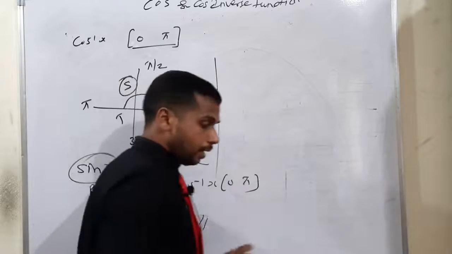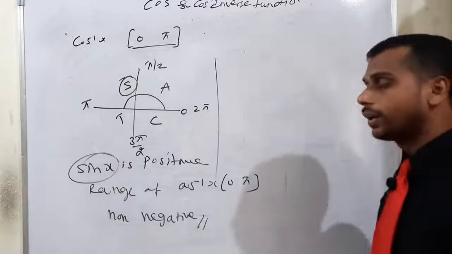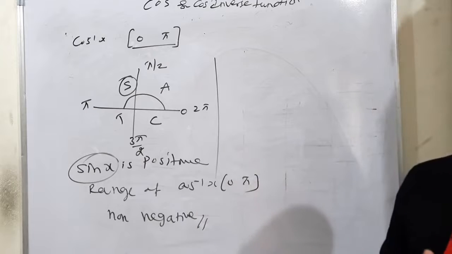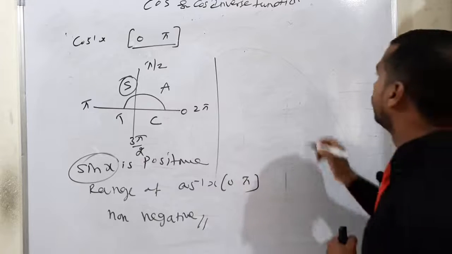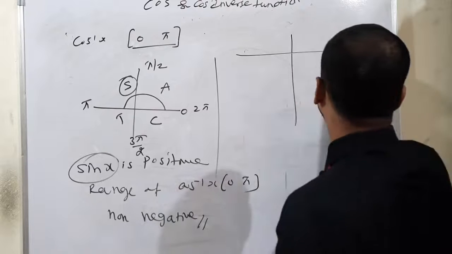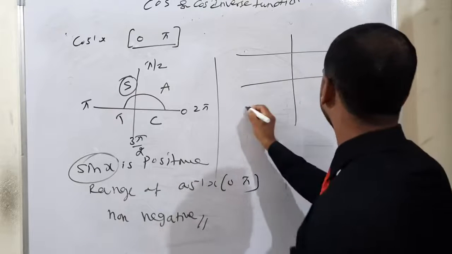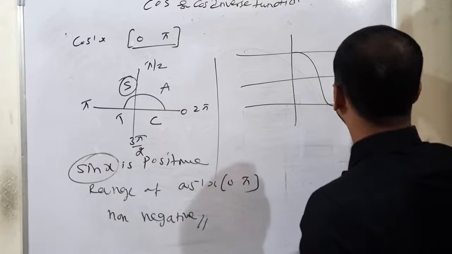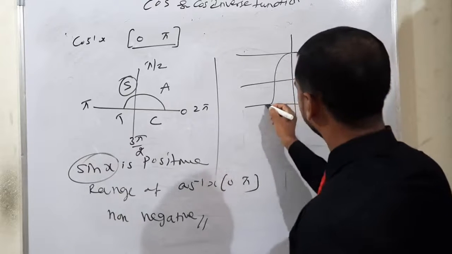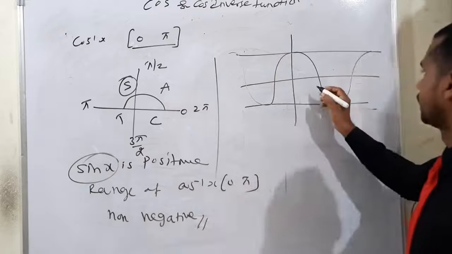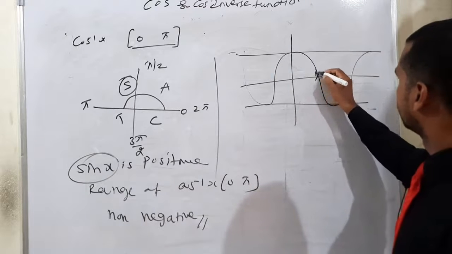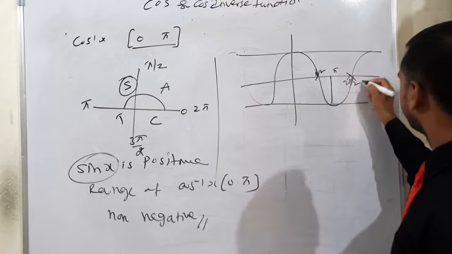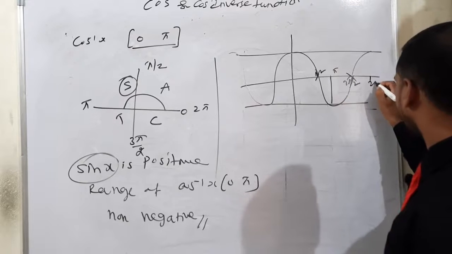Another important point: this is the principal domain, and we have different restricted domains. When can you say it is the principal domain? If you have the cos x graph, this is pi by 2, pi, 3 pi by 2, 2 pi.